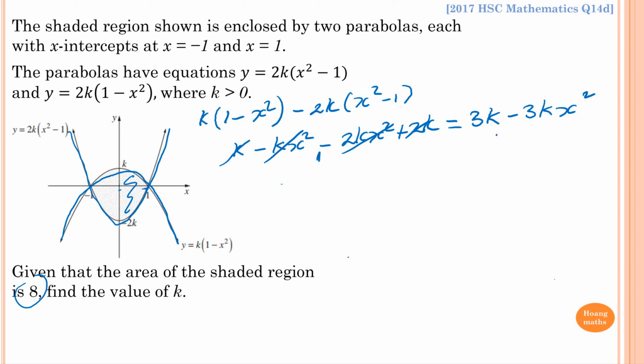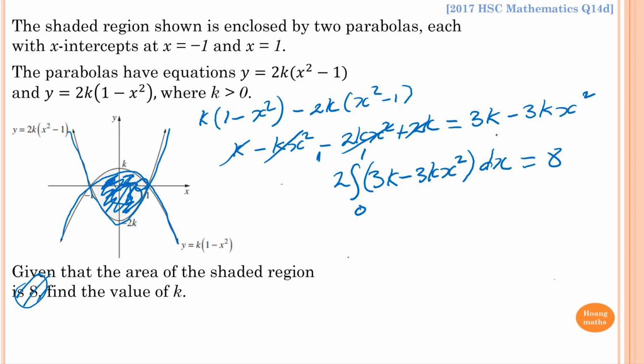Now I just integrate from 0 to 1, 3k minus 3kx squared dx, which gives me this part. So if I times 2, which gives me both of these parts, which is equal to 8.